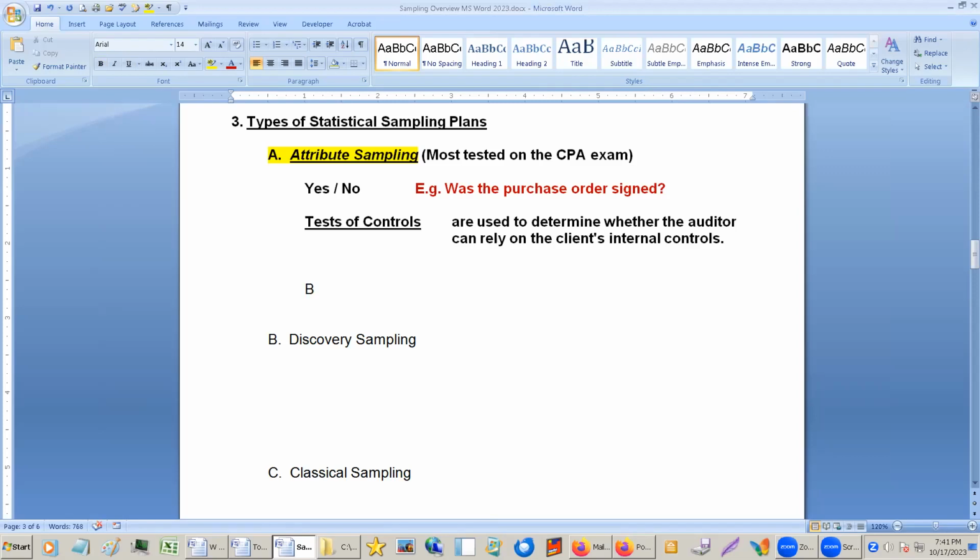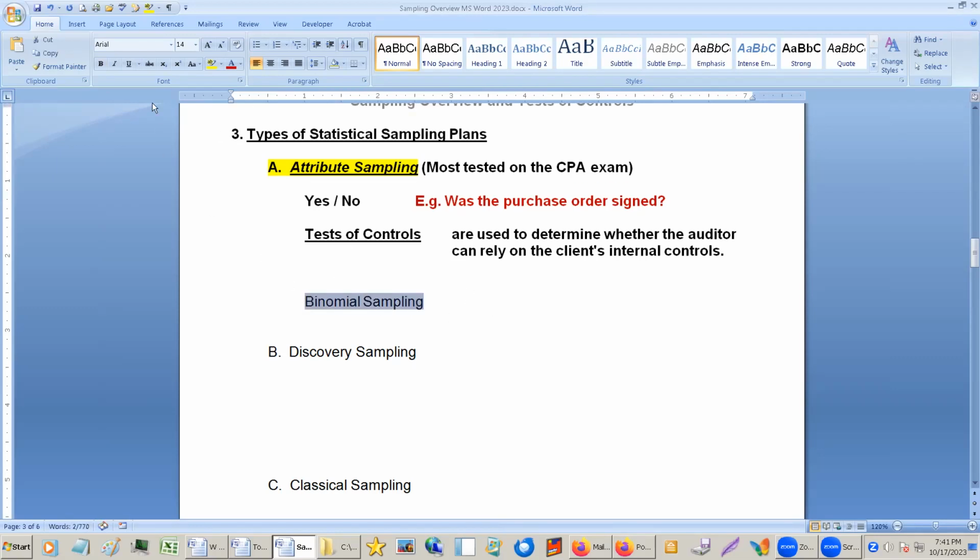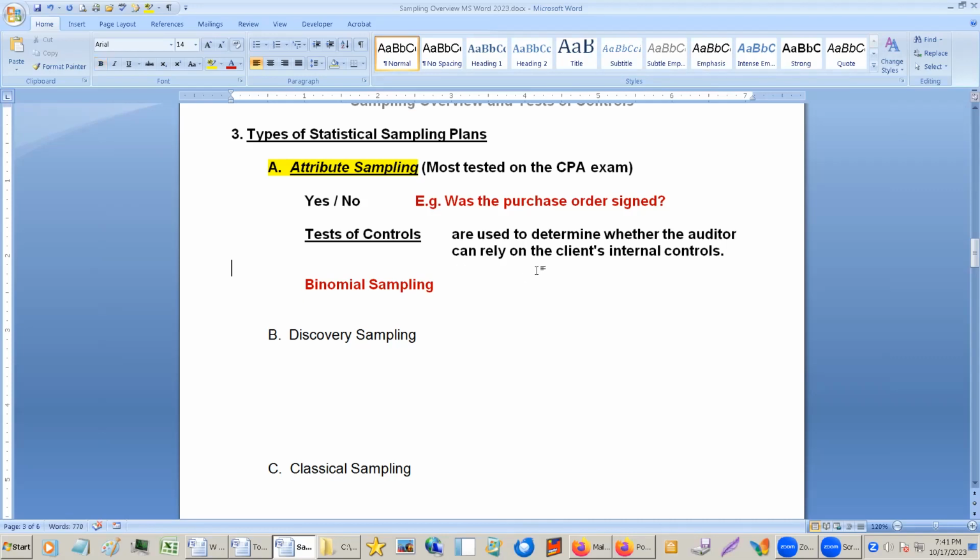This is a binomial test. So in statistics, they talk about binomial samples. I may have already talked to you guys about this. Did I talk about the central limit theorem? Maybe I did.